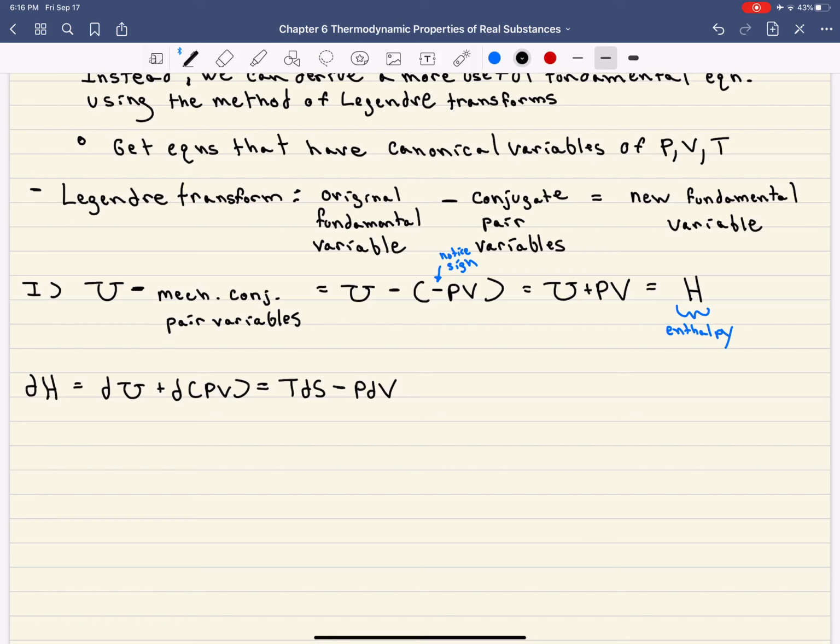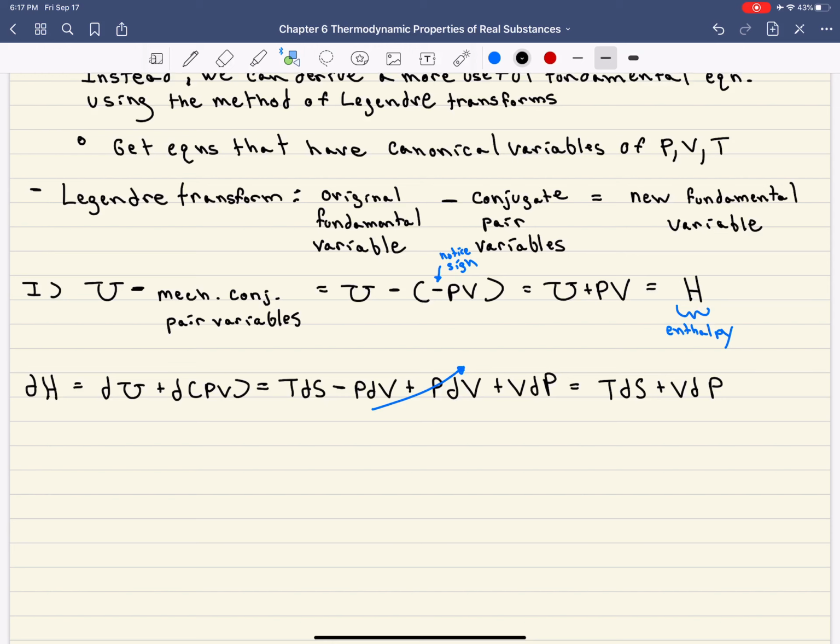And so the d of PV is going to be P dV plus V dP. So here we just apply the product rule. All right, and so we see that here we get negative P dV. Here we get positive P dV. These cancel. And what we're left with is that the fundamental equation for enthalpy is just equal to T dS plus V dP.